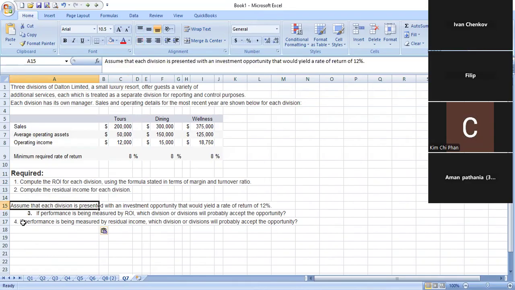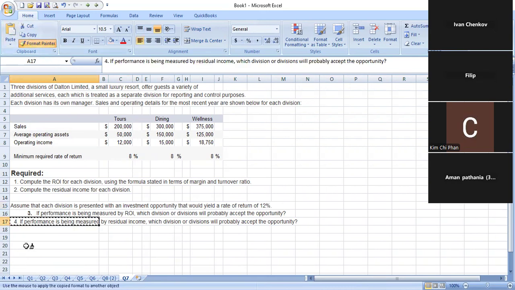Assume that each division is presented with an investment opportunity that will have a yield of return of 12%. If performance is being measured by return on investment, which division or divisions will probably accept the opportunity? And if performance is being measured by residual income, which division or divisions will probably accept that opportunity? That's what we have to do in this question.